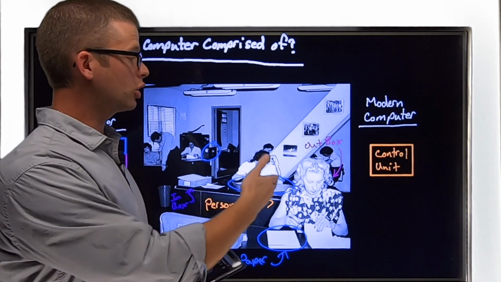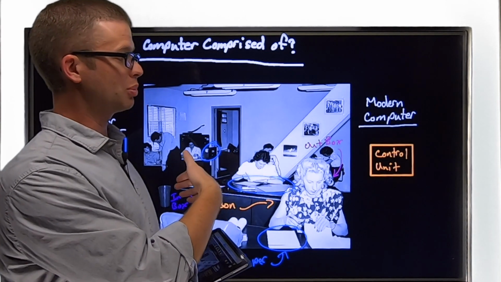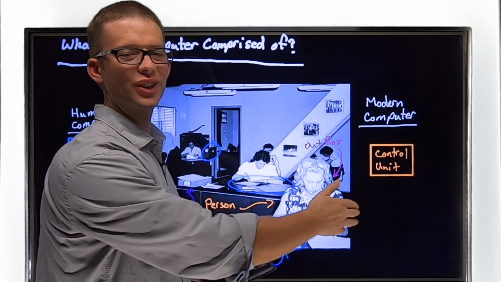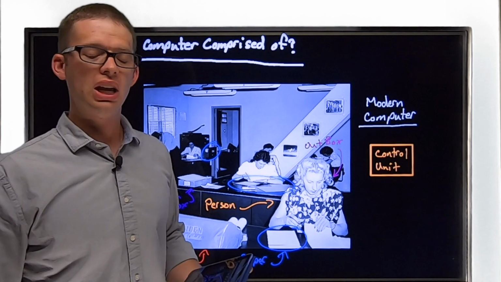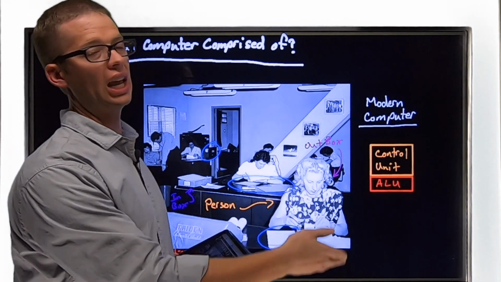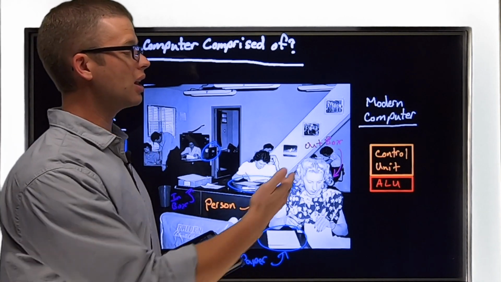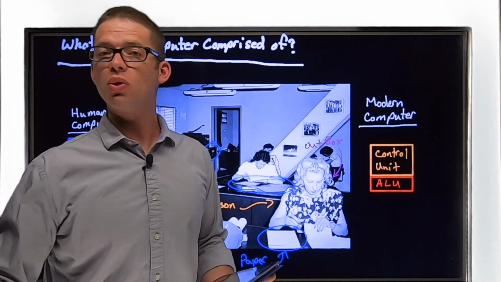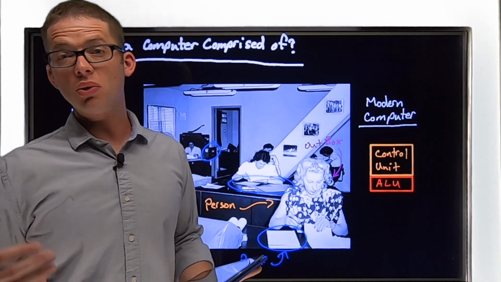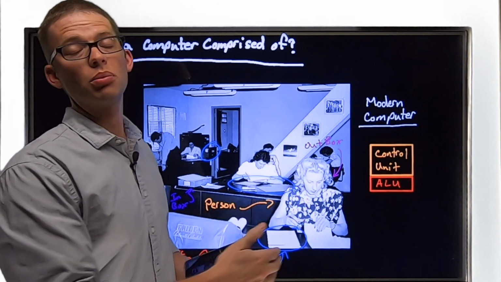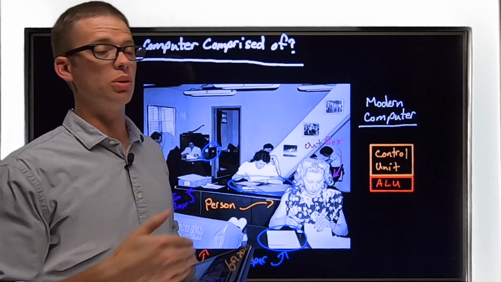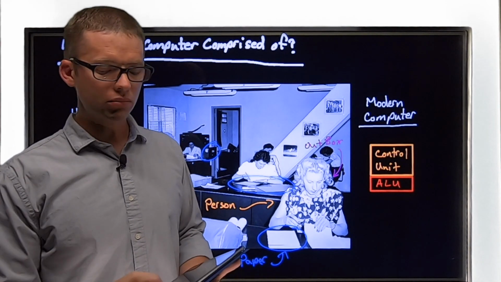Now, like the human in decades past, the control circuit doesn't have to do this on its own. It's able to leverage something called the ALU, or arithmetic logic unit. And this is very much like a simple calculator that can be used to perform calculations, to perform arithmetic as needed in working through the instructions that are provided to the control unit.